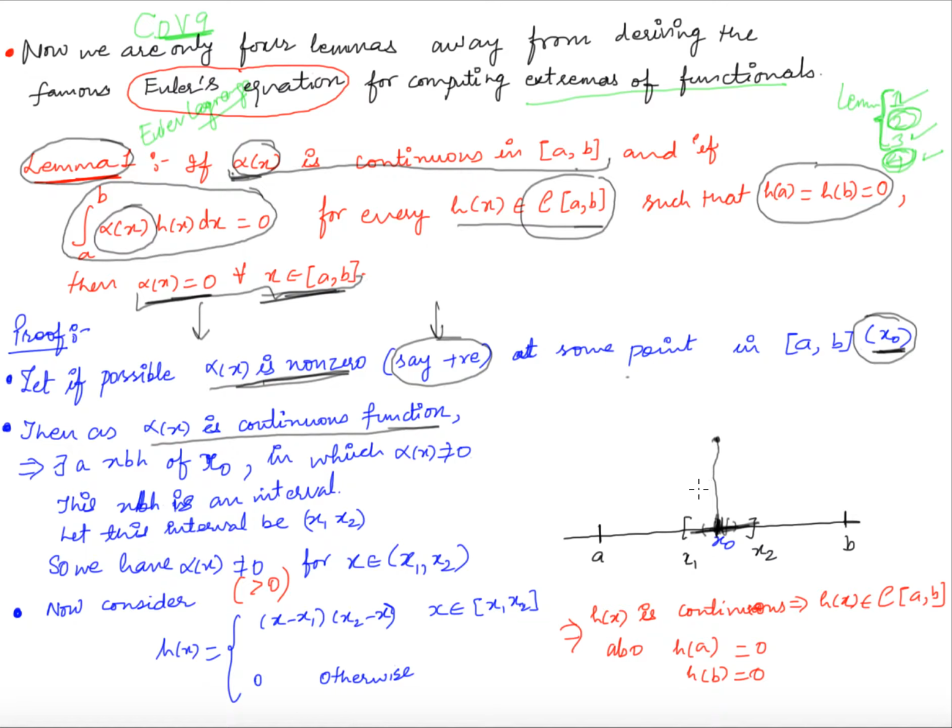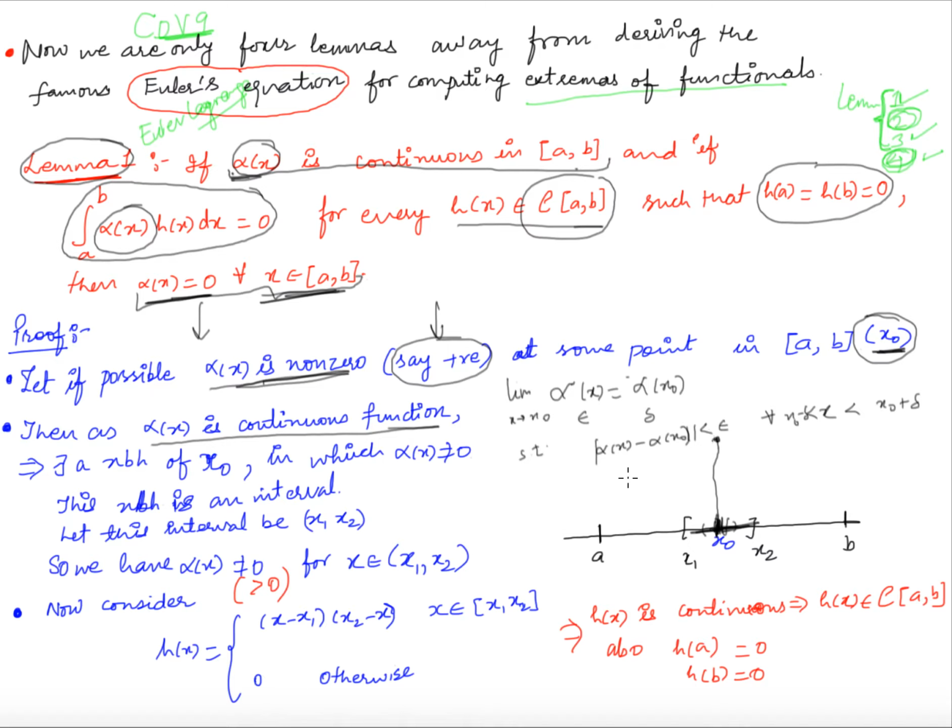Alpha x is continuous at x naught, which means that the limit as x tends to x naught of alpha of x is equal to alpha of x naught. So for a given epsilon, there exists a delta such that the modulus of alpha x minus alpha of x naught is less than epsilon for all x lying between x naught minus delta and x naught plus delta. This is the definition of continuity.